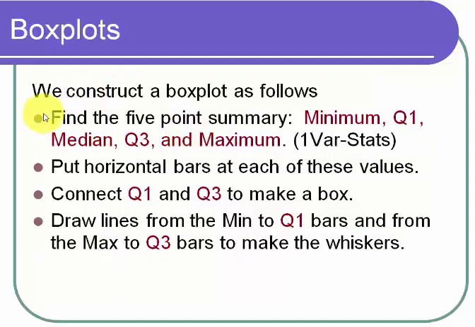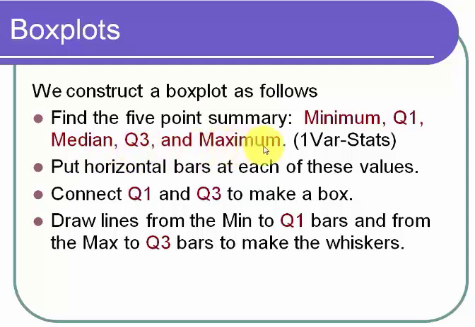The box plot is going to be a graph that describes all of the 5-point summary values. And the 5-point summary values are the minimum, the first quartile, Q1, the median, Q3, the third quartile, and the maximum.